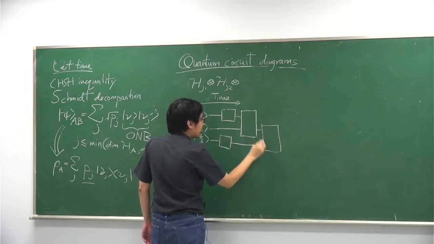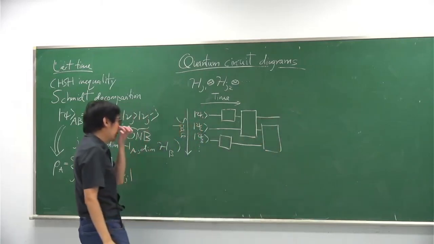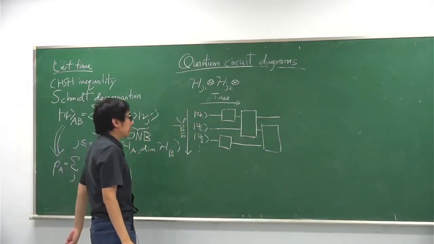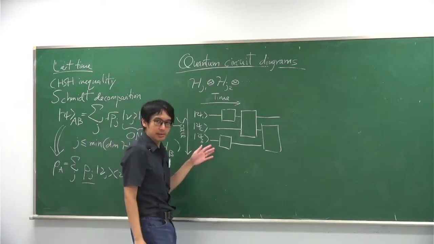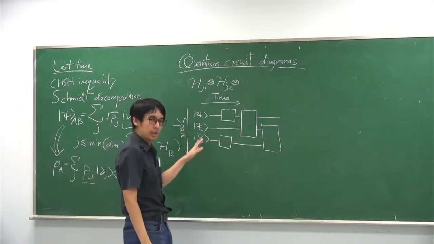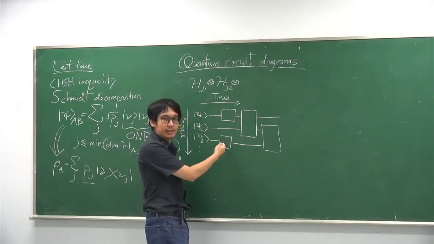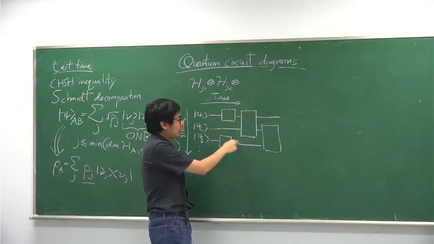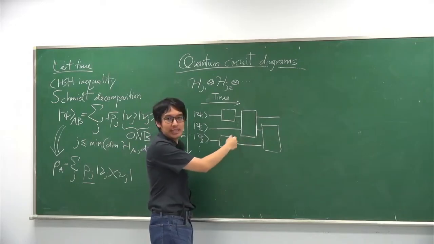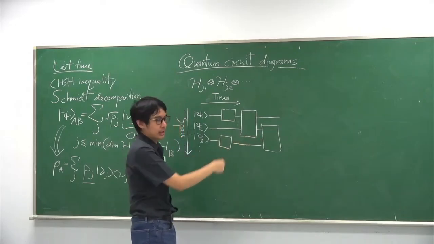And so, for example, if I have something like this, the quantum circuit has a bit of a topological property, where the notation suggests that you can slide the wire anywhere you want, as long as you don't hit the other operation, right?